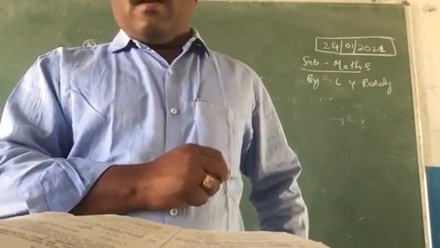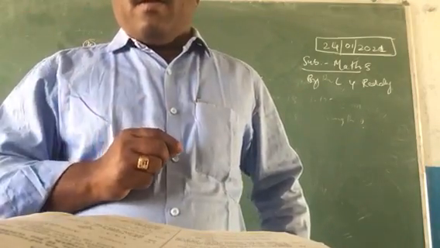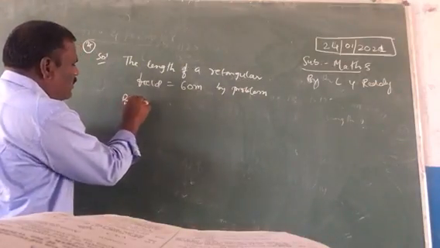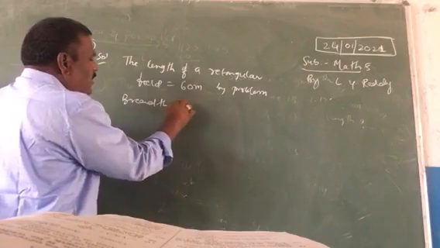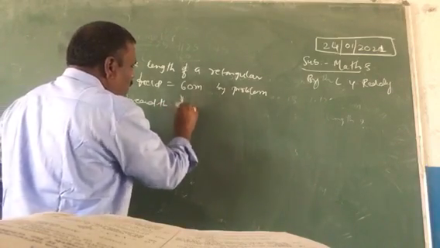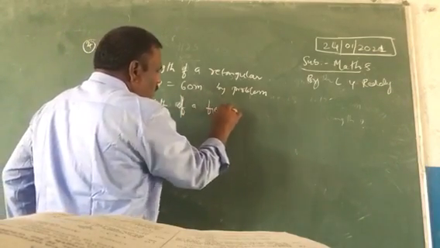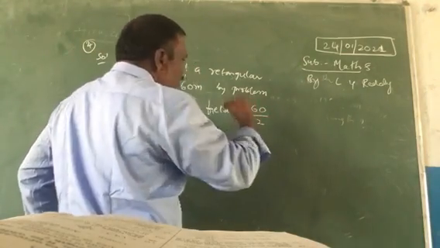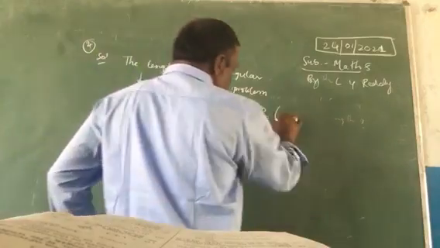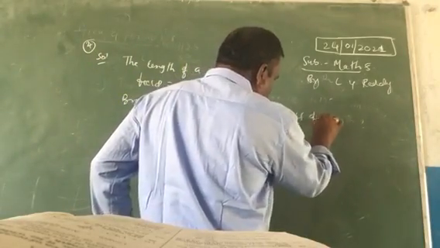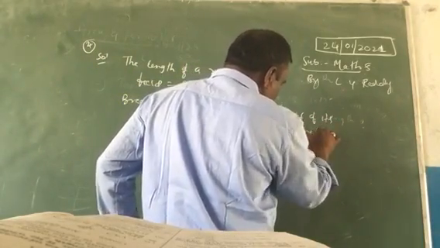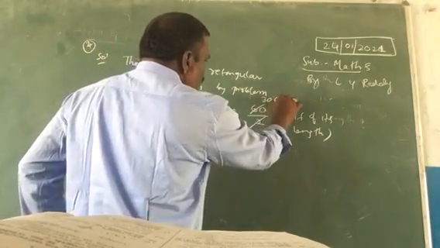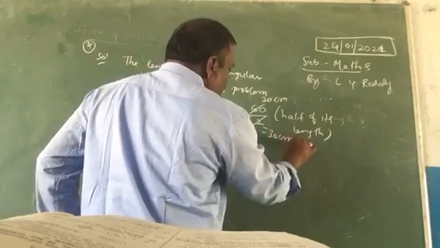Breadth of the field, how much is given? Breadth is half of its length. So the breadth of the field equals 60 by 2, because it is half of its length. Half of its length is 60 by 2, which equals 30 meters.